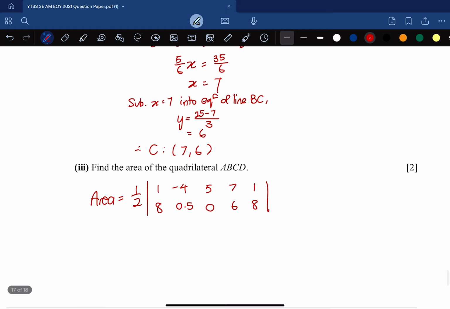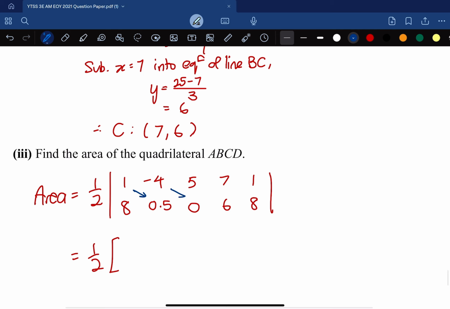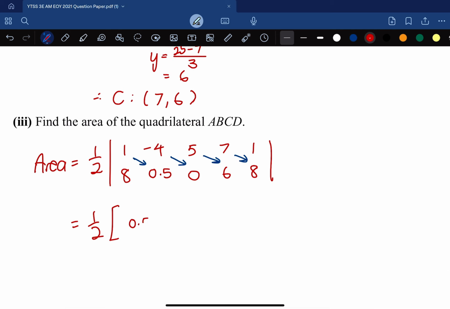Therefore the shoelace method is simply half times, I'll get 0.5 plus 30 plus 7 times 8, which is 56. This whole thing here minus, now I'll go the other direction: 2, 3, 4 minus, negative 32 plus 2.5 plus 6.